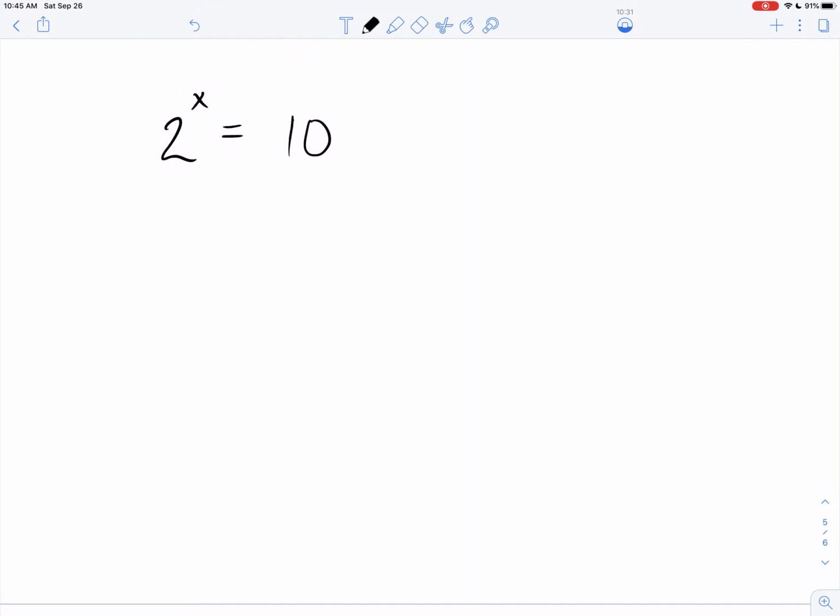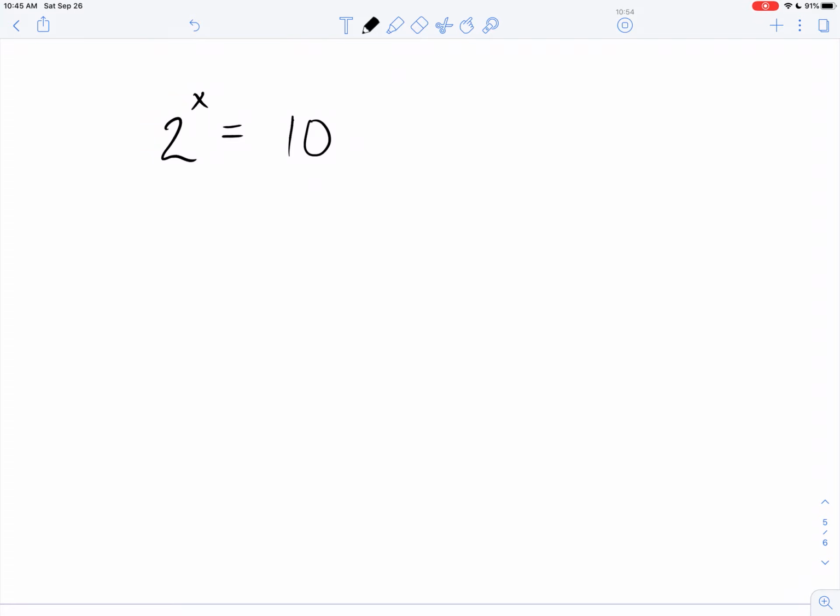I'd get 2 to the third, that's 8. That's not quite 10. If I plugged in 4, I'd get 2 to the 4th, that's 16, which is bigger than 10. So the answer I'm looking for is some number between 3 and 4, but I don't want to guess and guess and guess. I could continue to guess for a long time and not get this right.